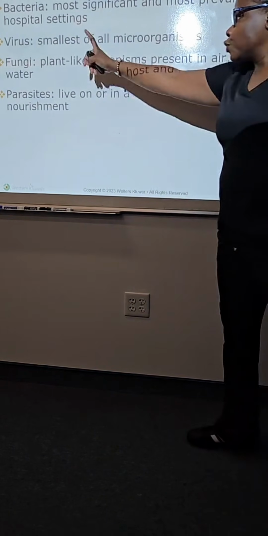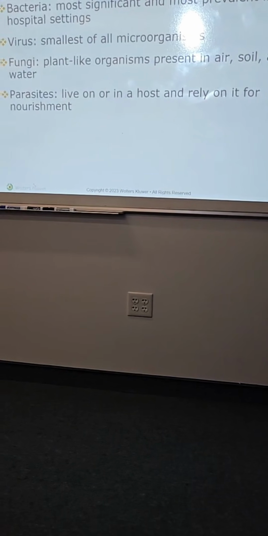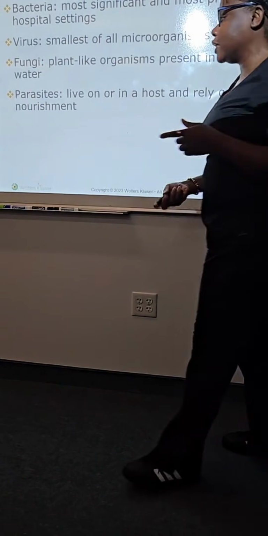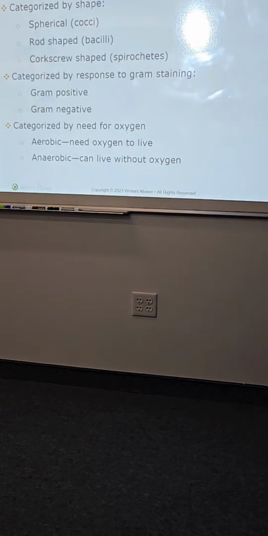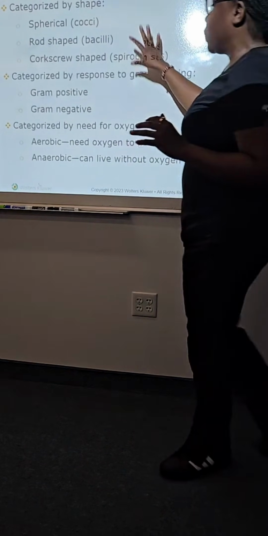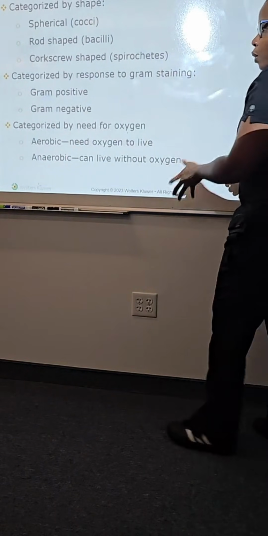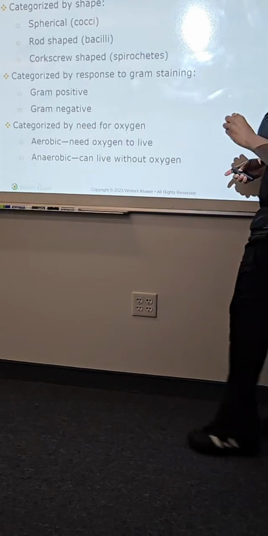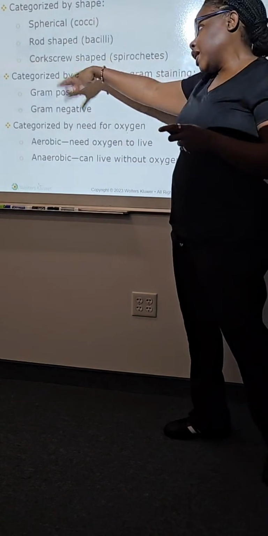You have the virus, which is basically the smallest of organisms, fungi, and parasites, and your book goes into more other infectious agents as well. Make sure you know them. Now, this you should be aware of, but the main thing that I will be testing you on is the category of the need for oxygen. You should know about the shape.